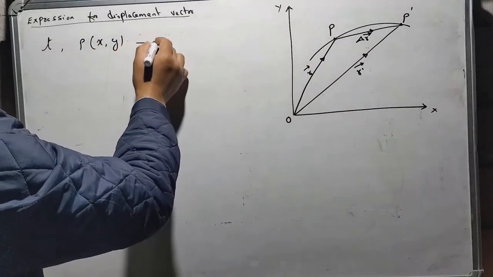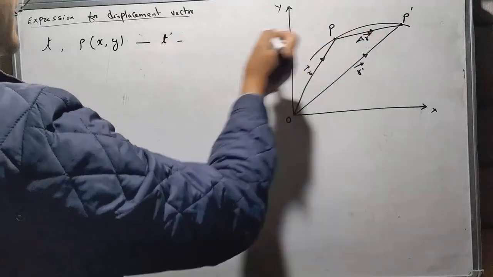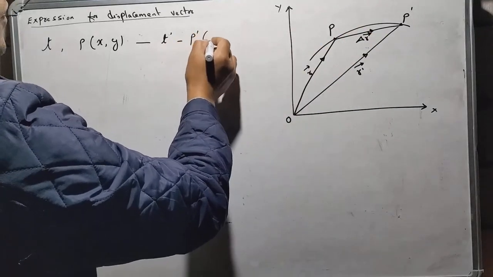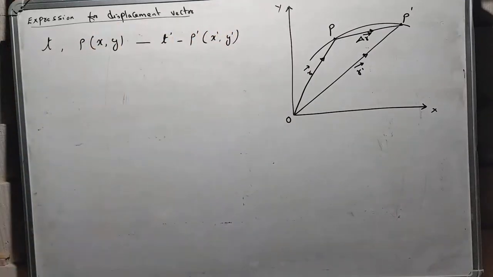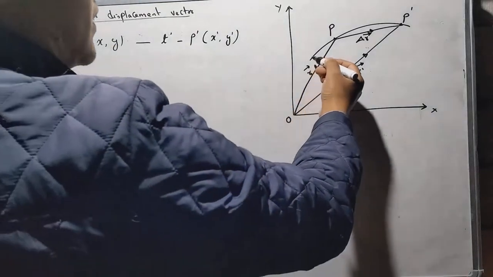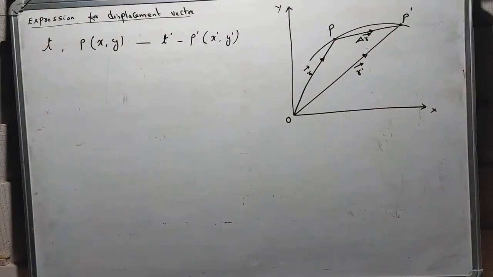And at a time t dash, the particle is at this point P dash with coordinates x dash, y dash. Please note that this curve represents the path along which the particle is moving.